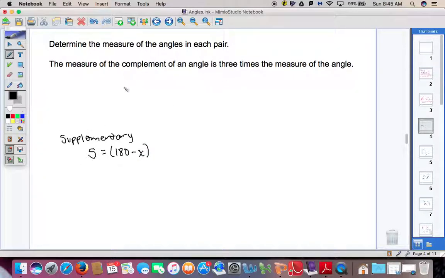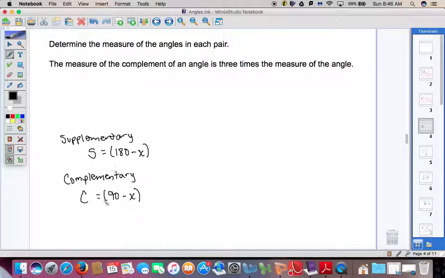And whenever you see the word complement or complementary, I would first replace it with a C, and then I would substitute 90 minus x, because I know we're talking about a complementary angle.